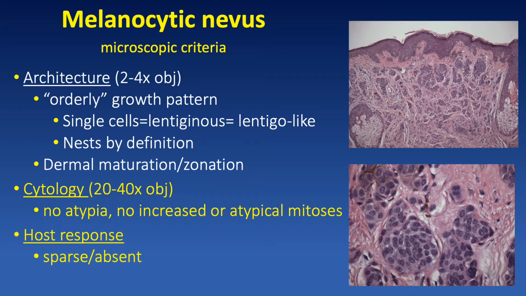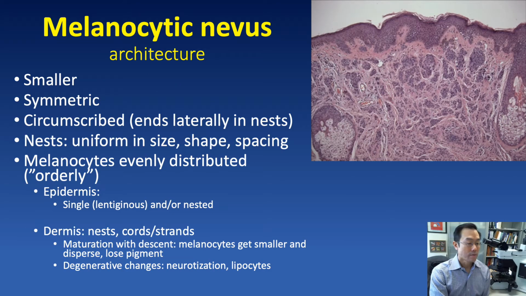Cytologically, as one would expect, there should not be atypia in a nevus, so no increased or atypical mitoses as well, and typically the host response would be sparse or absent. Examining architectural features in greater detail, the ideal melanocytic nevus is relatively small, symmetric, and circumscribed.